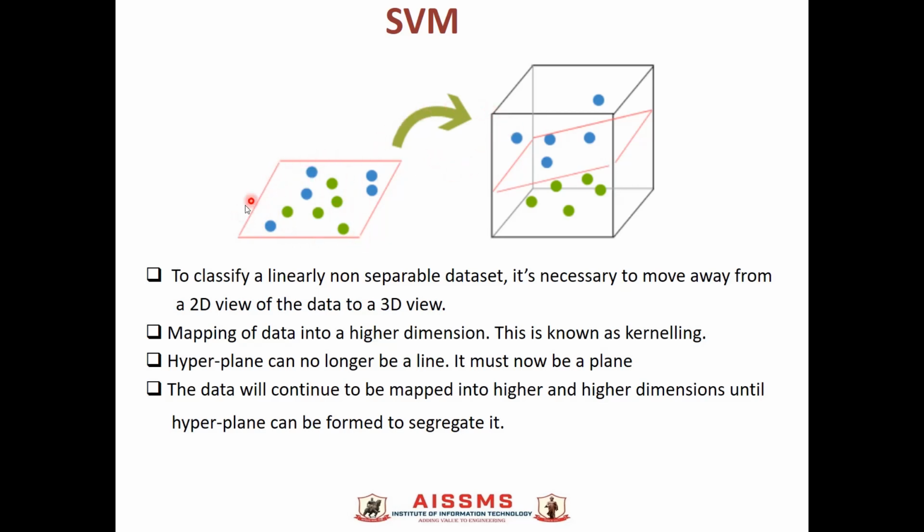In this case we have observed that two-dimensional space data points are mapped into three dimensions. If we do so, we can use a plane to separate these data points. The higher-dimensional separator can no longer be a line.